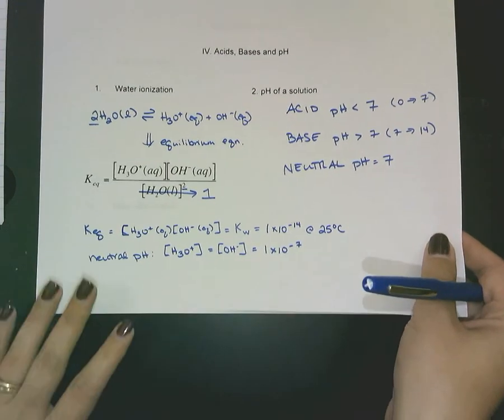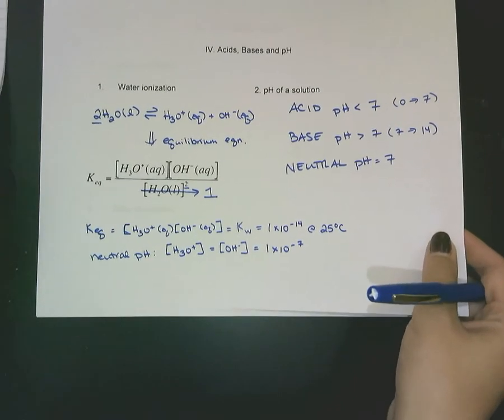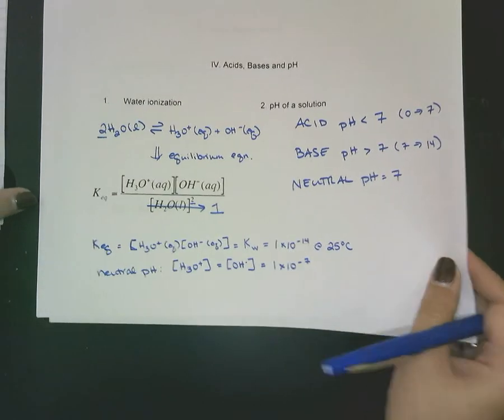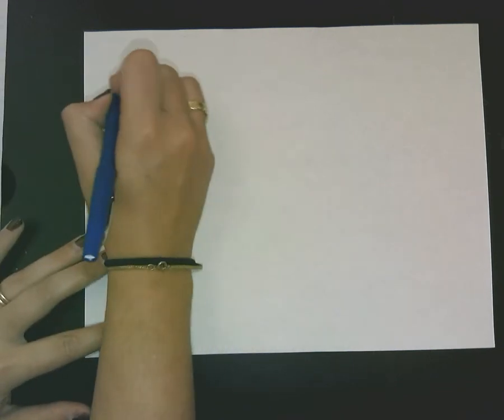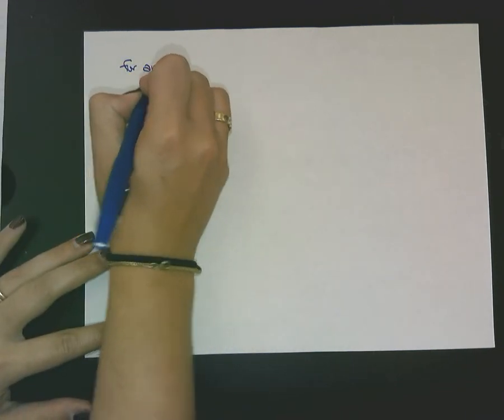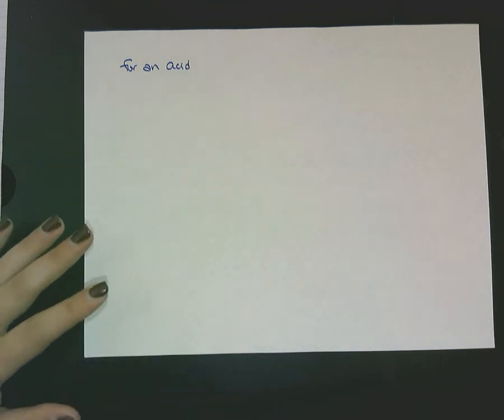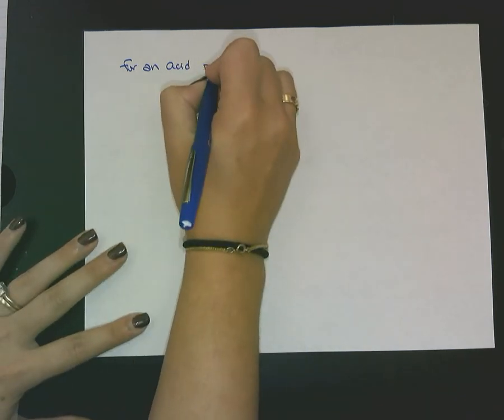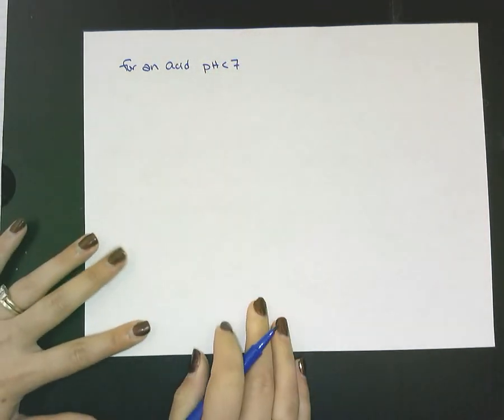So then let's take a look at, I guess I will write on the back of this because I'm going to write real big. Okay, for an acid, we just said that pH is going to be less than 7.